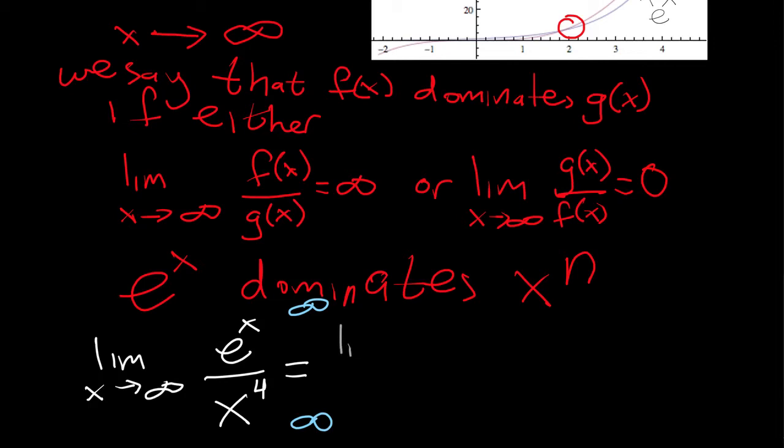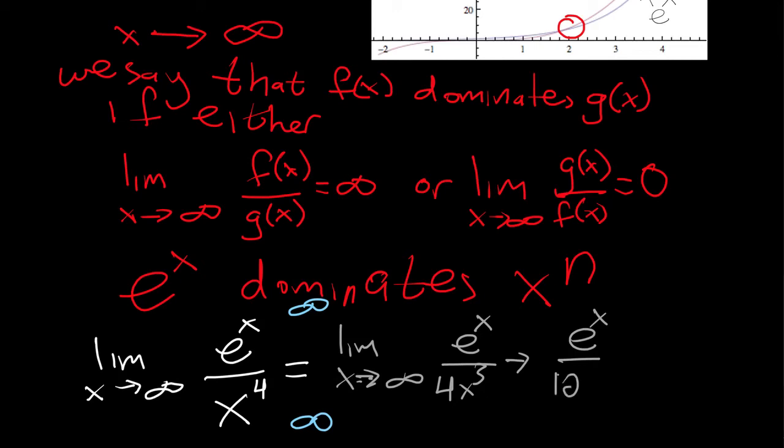So you get the derivative, just like we did in the example above. On the top, the derivative of e to the x is just e to the x. The derivative of x to the fourth is 4x to the third. Then you get infinity over infinity again. The top is always going to be e to the x, and the bottom at the next step is going to be 12x squared.